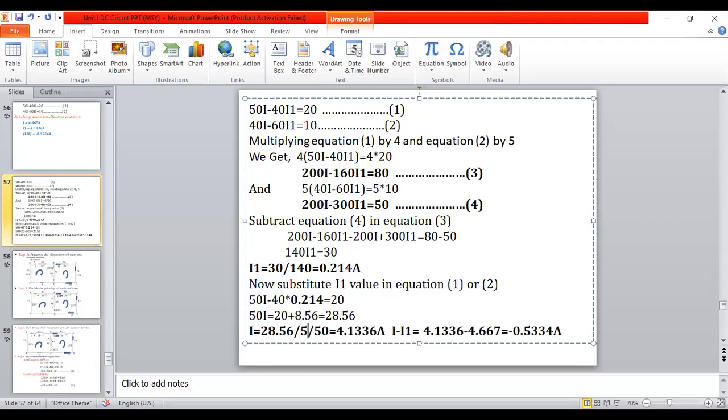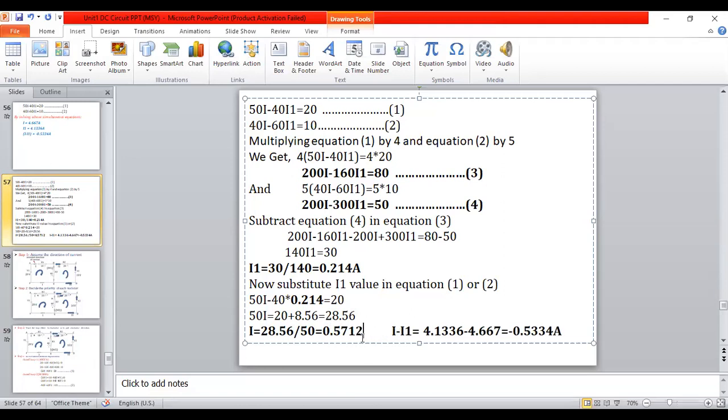28.56 divided by 50, how much is it? 0.57 is the correct answer now. Okay, 0.5712 is the correct answer now.